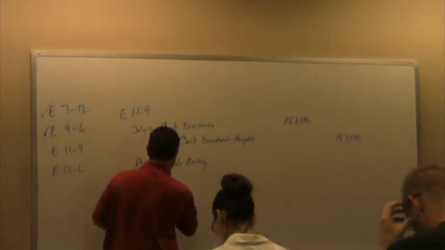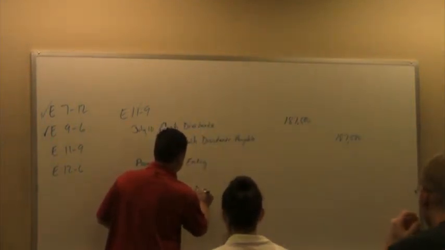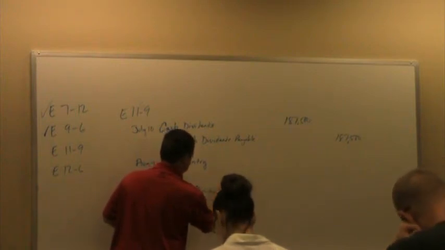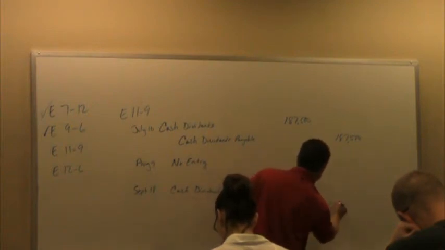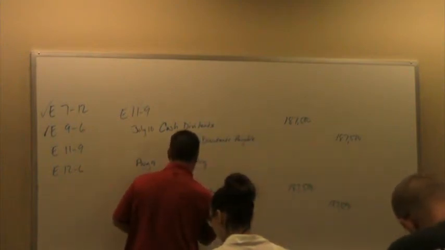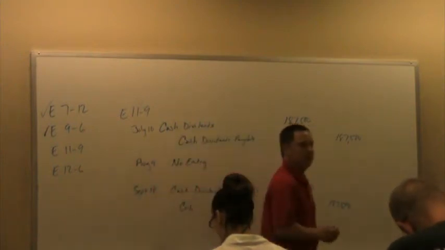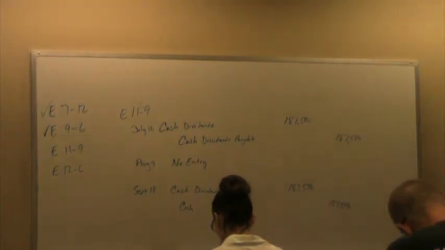So we'll have dividend payable. And what do we use to pay that? Cash. Perfect. And those are your transactions. Another easy one.